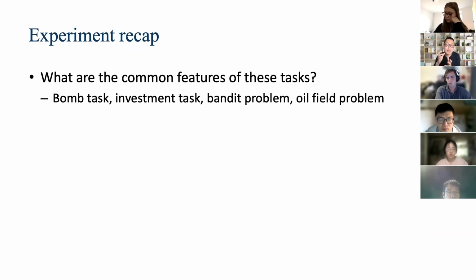So that means if you try one alternative and gain some experience, you will have more information on the average payoff of this alternative. If you keep trying to choose the same alternative, then you will get more knowledge on this alternative.